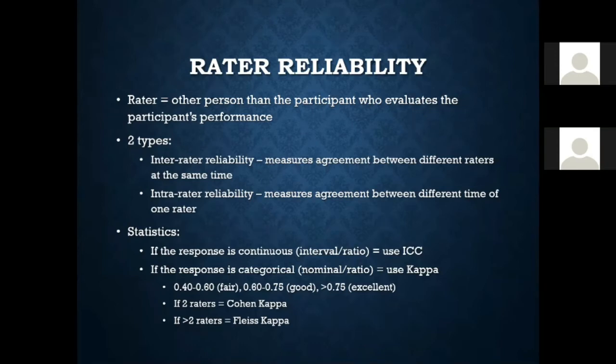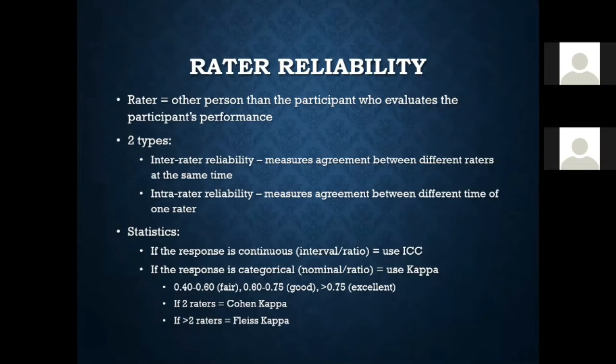So there are two types of rater reliability. The first one is inter-rater reliability. It measures agreement between different raters at the same time. So you have rater 1 and rater 2, and they are measuring the performance of a group of participants at the same time.